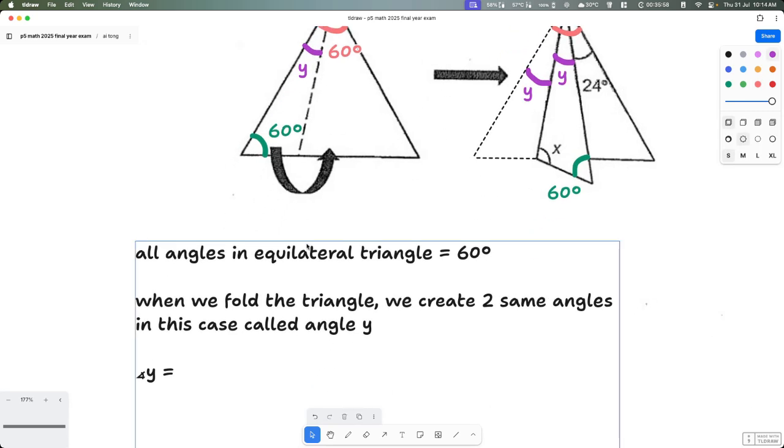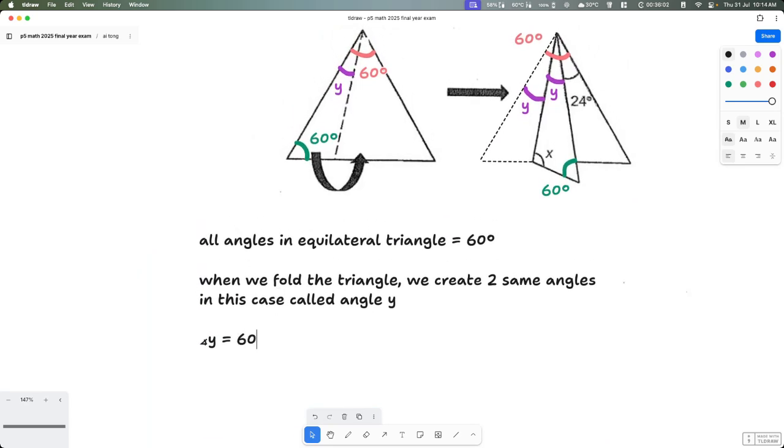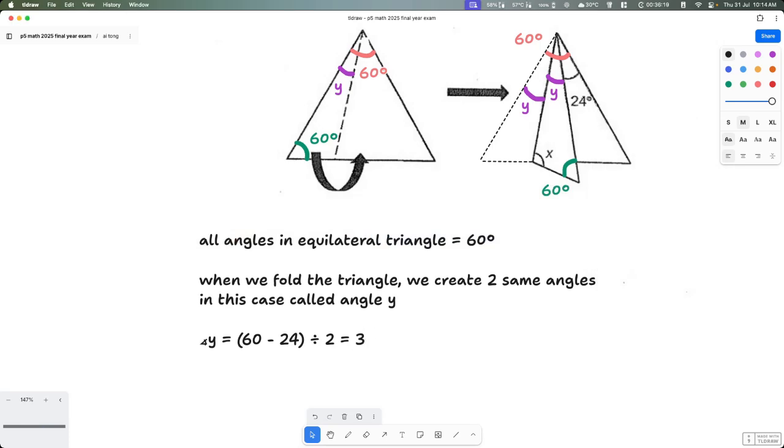So angle Y is 60 minus 24, and then we put brackets because we also want to divide it by 2. So 60 minus 24, let me use the calculator, is 36. Then we divide by 2, and this will give us 18 degrees. So now we know Y is 18 degrees.